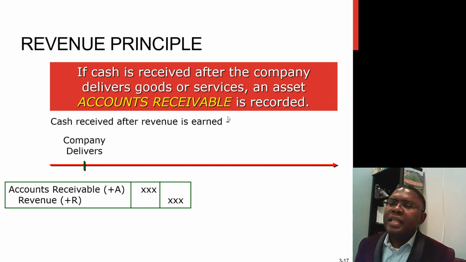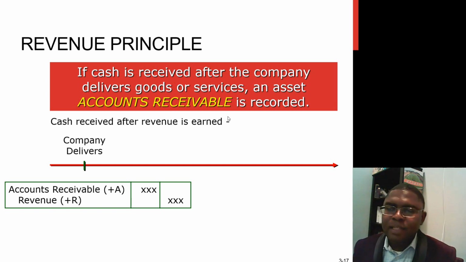So if a company delivers goods and services and then is expecting payment in the future, this will be an accounts receivable. An accounts receivable is an asset for the company. It has future benefits. The company is expecting a cash payment sometime in the future.